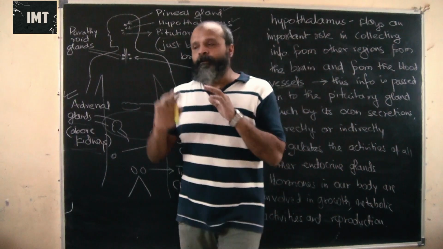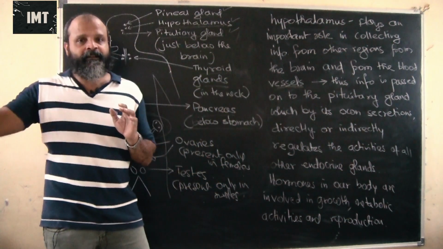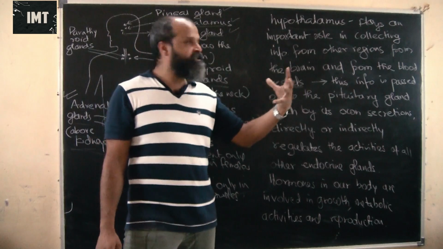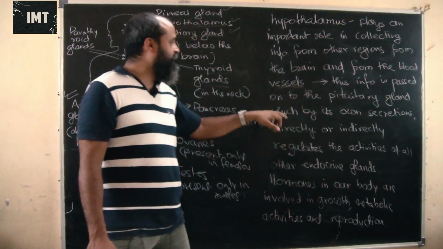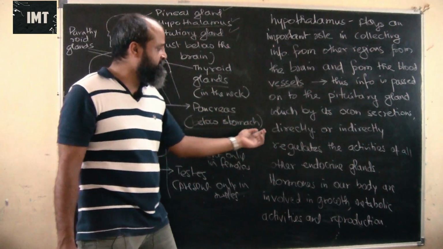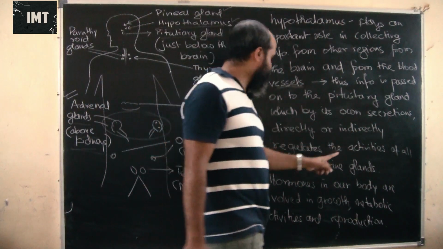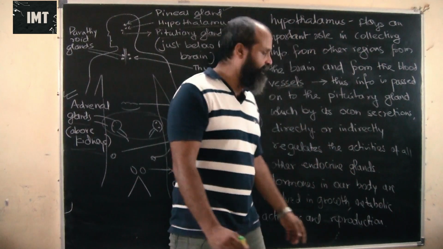Okay, so seeing a vehicle or even hearing a vehicle, all this information is gathered by the hypothalamus and then passed to the pituitary gland, which by its own secretions directly or indirectly regulates the activities of all other endocrine glands.